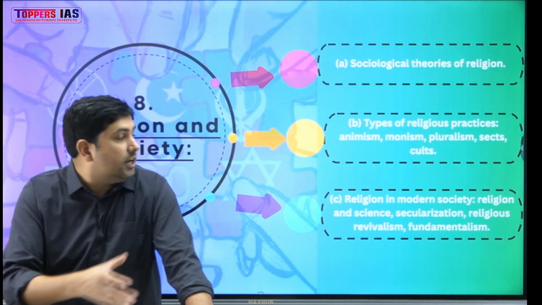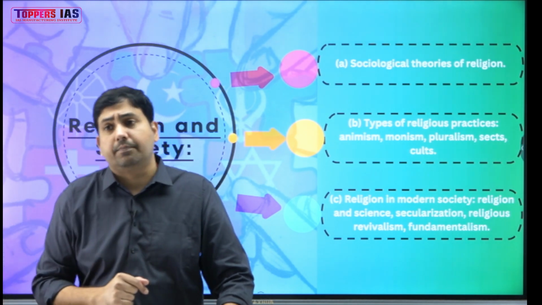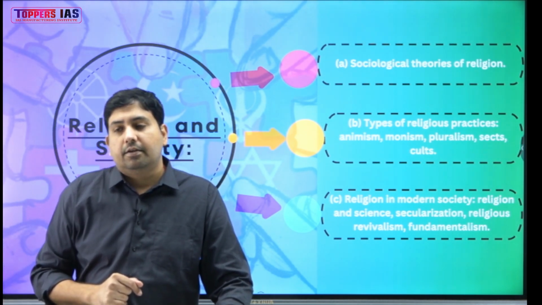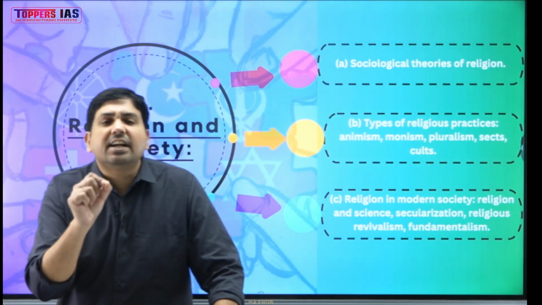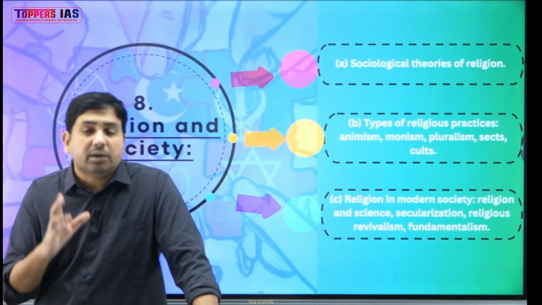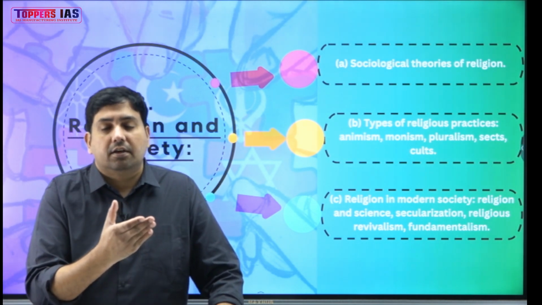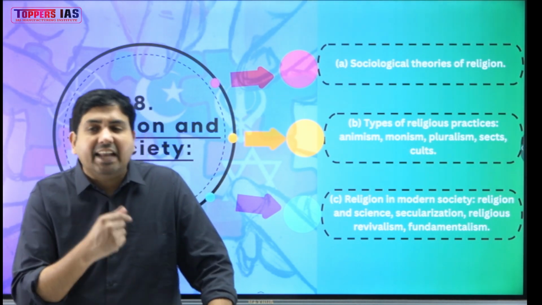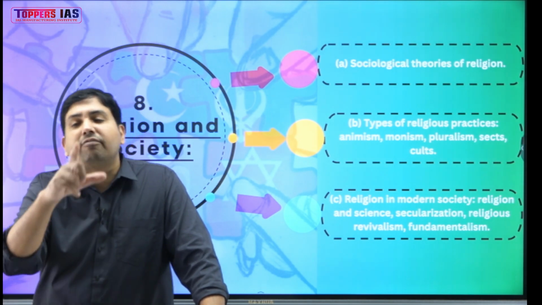His study, mentioned in the syllabus, is The Protestant Ethic and the Spirit of Capitalism. In that he argued that Protestant beliefs like hard work, saving money, and frugality contributed to the rise of capitalism.